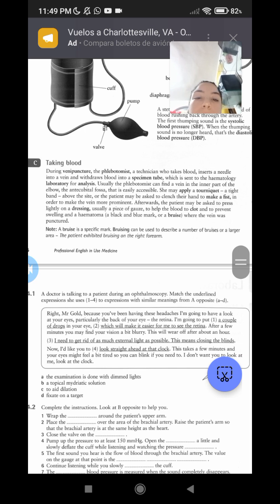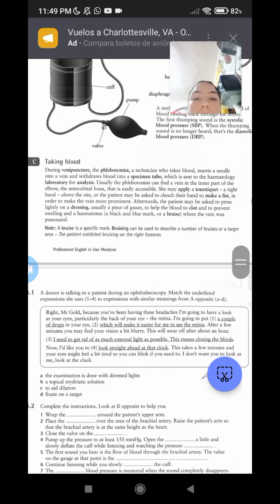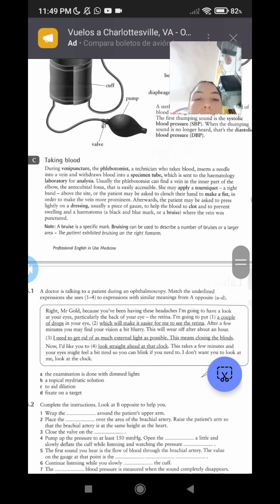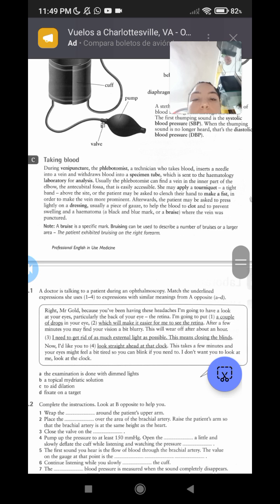Usually, the phlebotomist can find a vein in the inner part of the elbow, the antecubital fossa, that is easily accessible. She may apply a tourniquet, a tight band, around the arm.